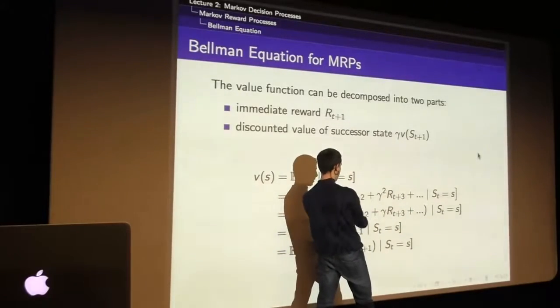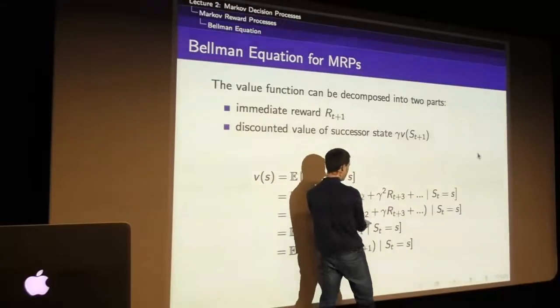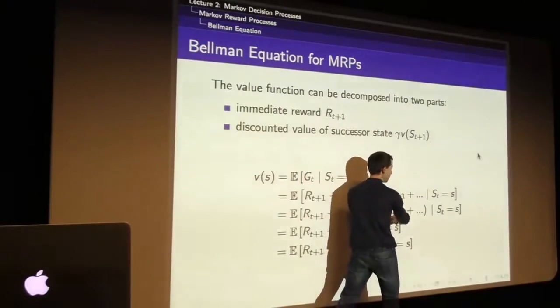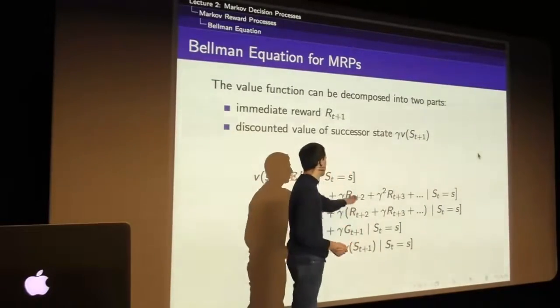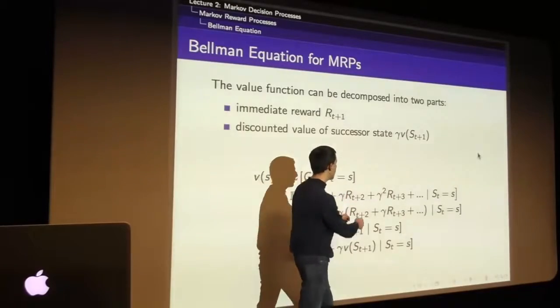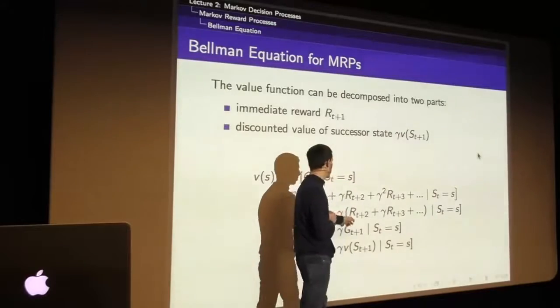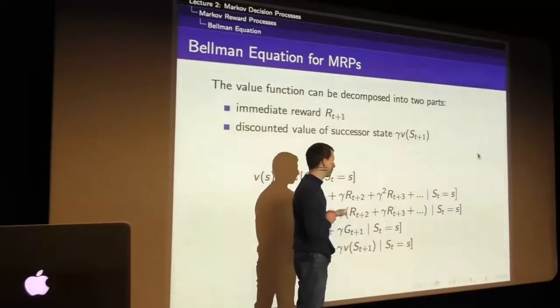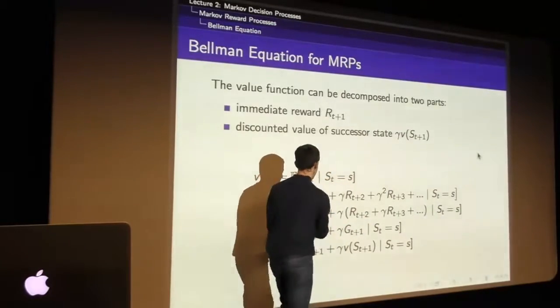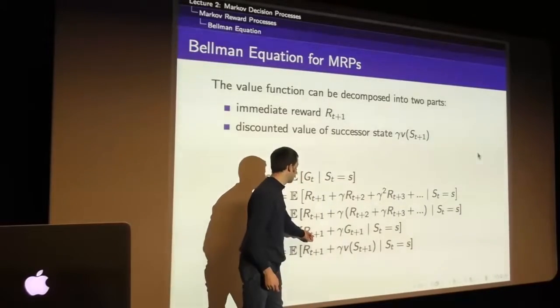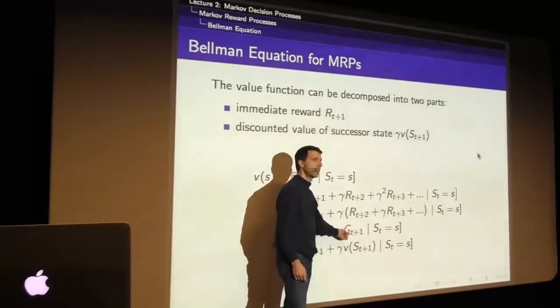So we just pull out the discount factor: starting from R_{t+2} plus gamma R_{t+3} and so forth, just pull the factor of gamma out. Now we see that this thing here is just the return from the next time step, the return starting from t+2 instead of from t+1. We'd say it's the expected immediate reward plus discounted return.